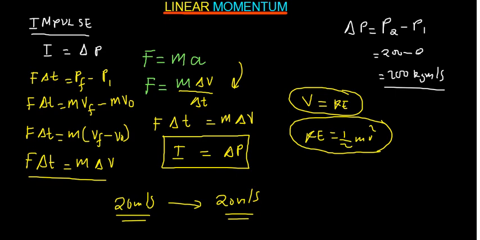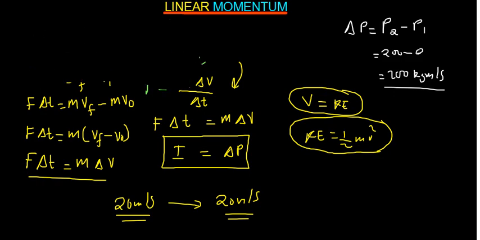And because there's no change in momentum, you're not going to have any impulse, because impulse is defined as change in momentum. Please take note of that because I've seen some questions like that.